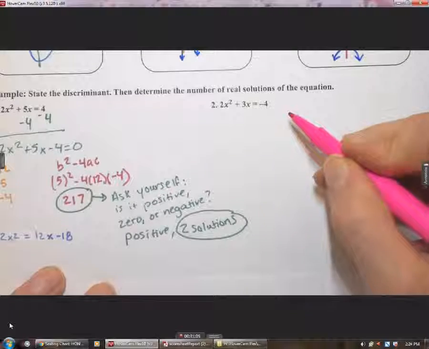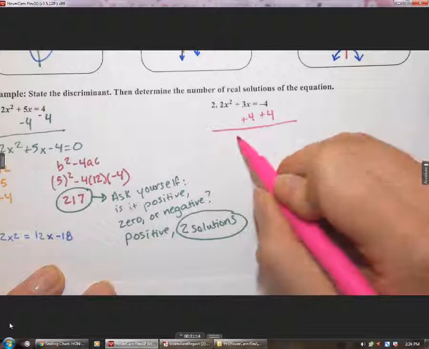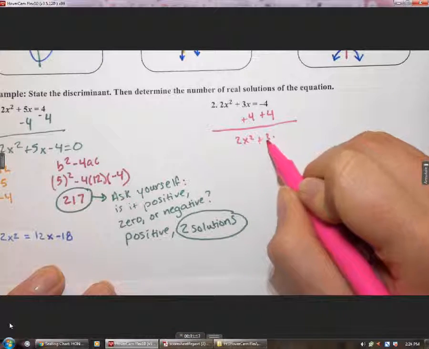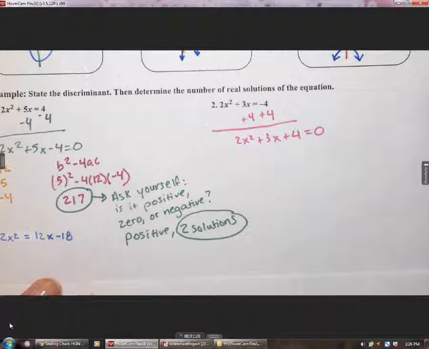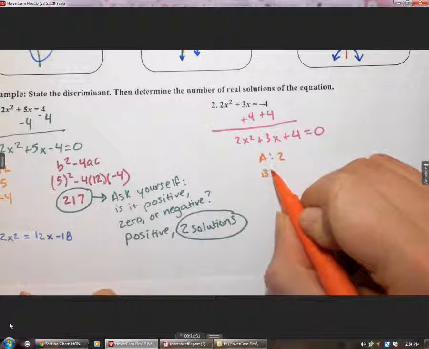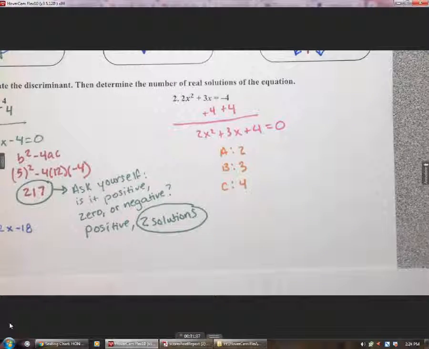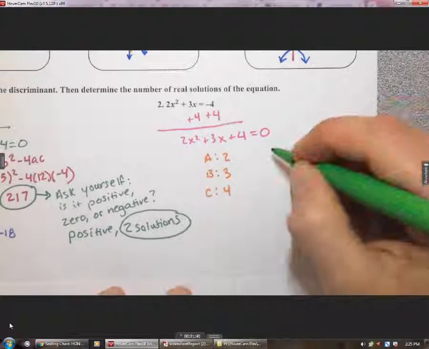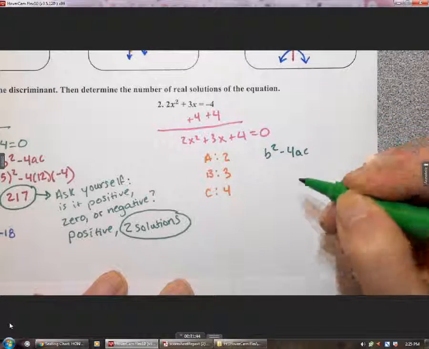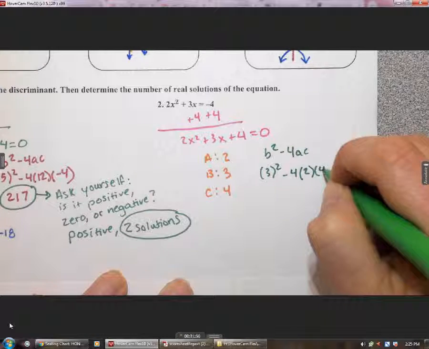On the next one, what do we have to do first? Plus 4. Good. Is this one the same? No. 2x squared plus 3x plus 4. So A is 2, B is 3, C is 4. So the discriminant is B squared minus 4AC, so I'd plug in 3 squared minus 4 times 2 times 4.